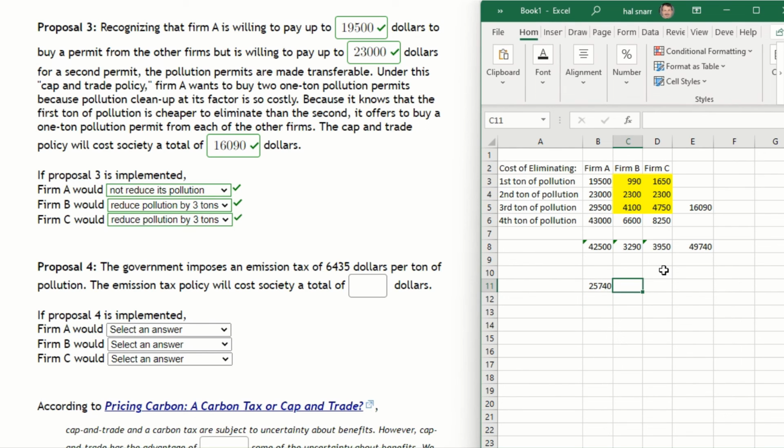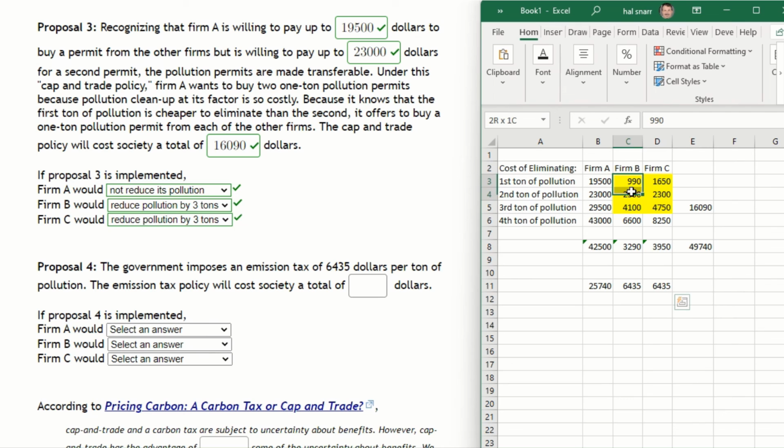And then firm B's tax is 1 times the tax rate, and same with firm C. So the government here collects, let's see, it looks like about $26,000 roughly, or no, sorry, $38,000. Maybe $39,000. Yeah, $39,000 total. So that's how much revenue the government collects there.